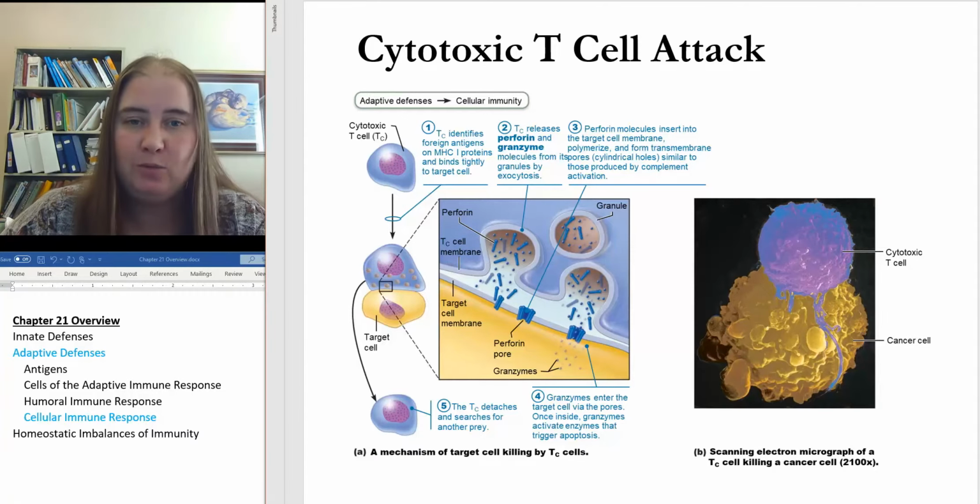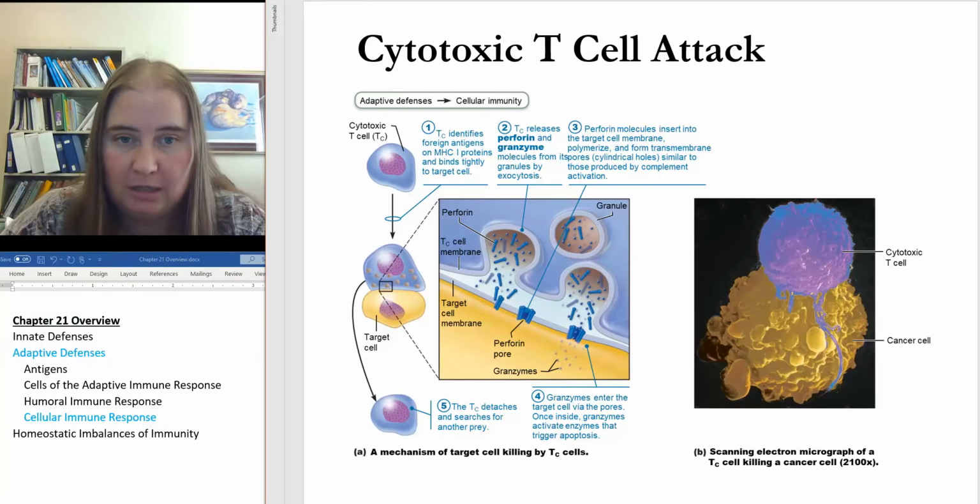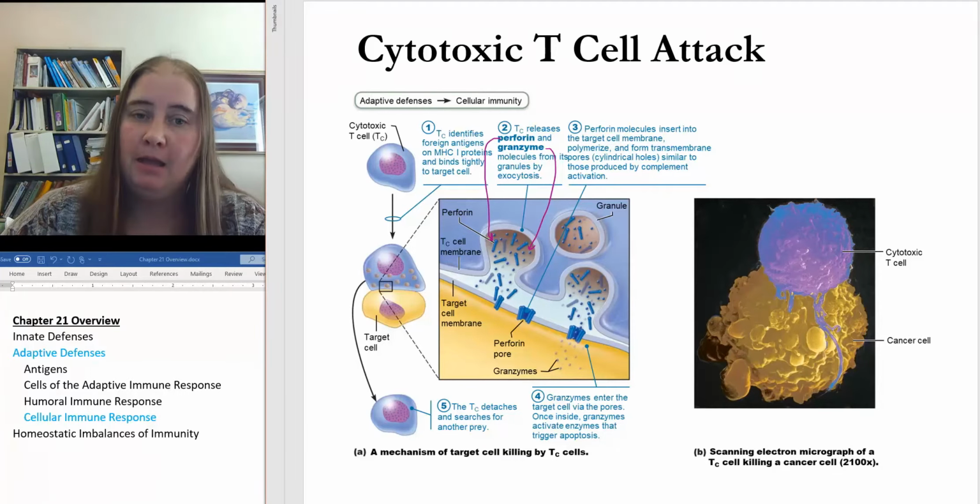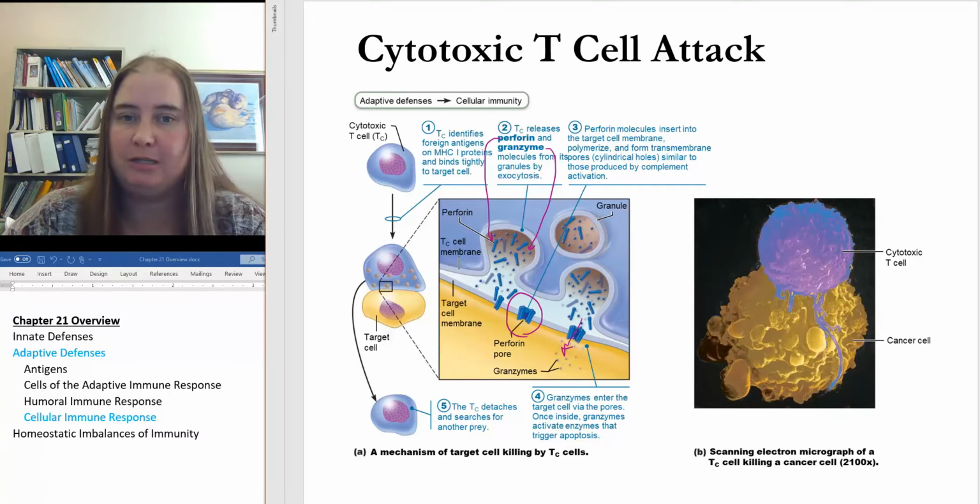What happens when this binding occurs is that the perforin proteins, which are these rods, and the granzymes, which are the little circles, get released. The perforins get inserted into the wall and form these pores, and then the granzymes enter behind it and that elicits an apoptotic response.